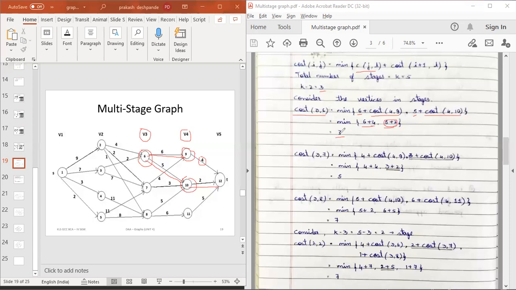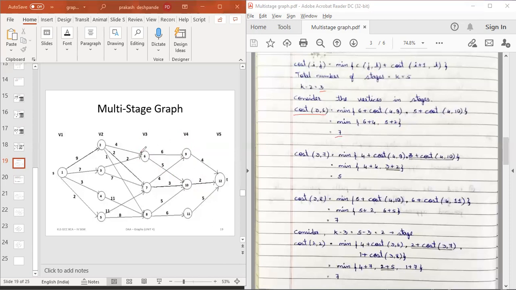So 7 means actually what? It is nothing but the cost of this particular edge. Let me undo certain things here so that we can understand what this particular cost actually is. Okay, now cost of 3, 6 we retrieved as 7. How?